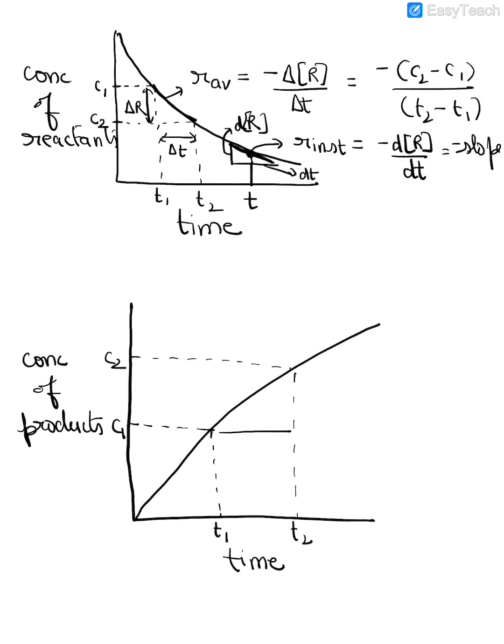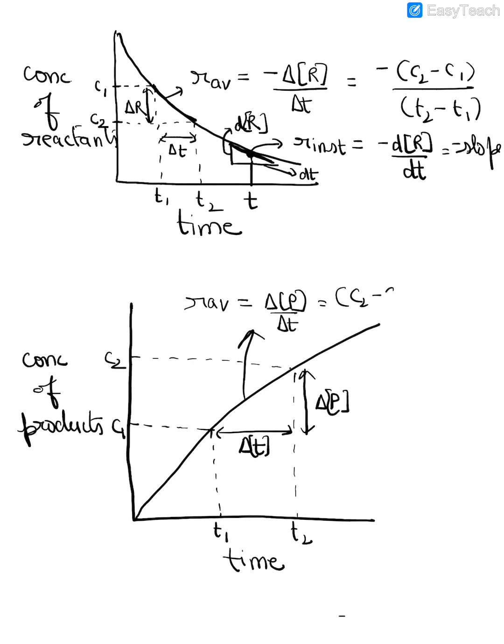Difference of time is delta T. Difference of concentration is delta P. Right? This upward slope will be the average rate, which is equal to delta P upon delta T, which is equal to (C2 minus C1) upon (T2 minus T1).